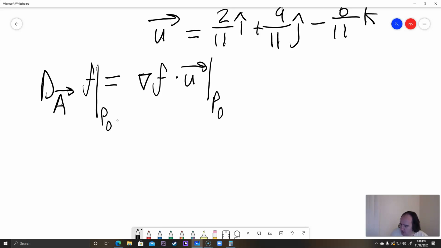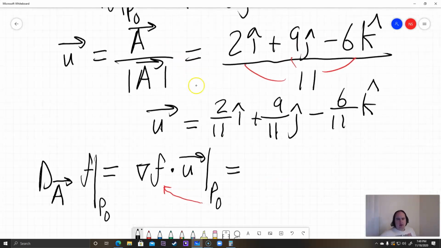But you really only plug in p naught for the gradient of f. You don't have to plug it into your unit vector u. So we're really just going to be taking the dot product.